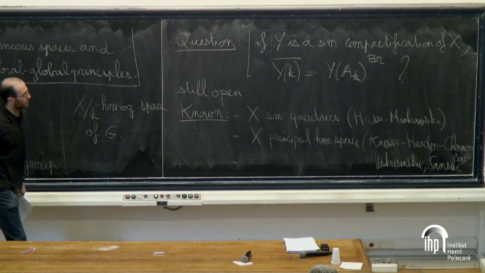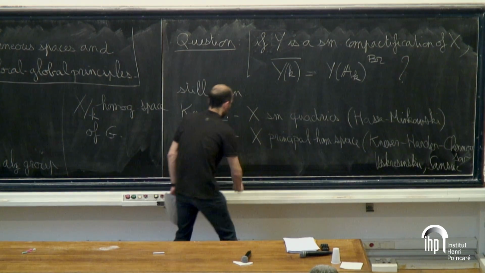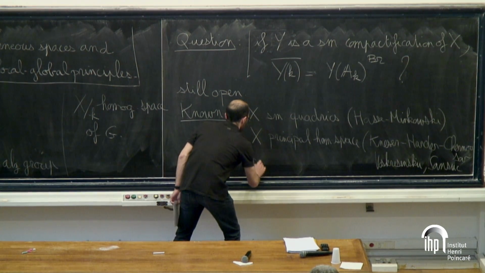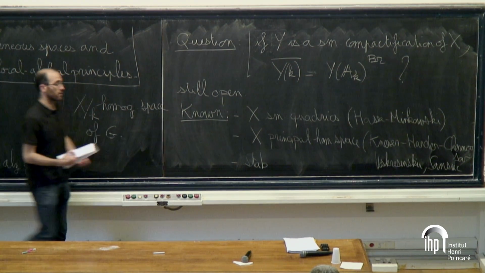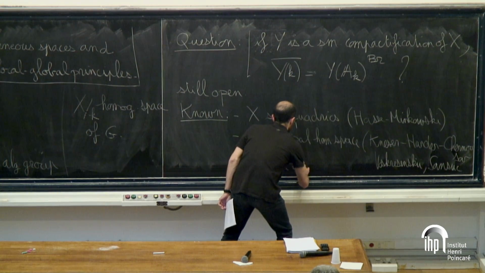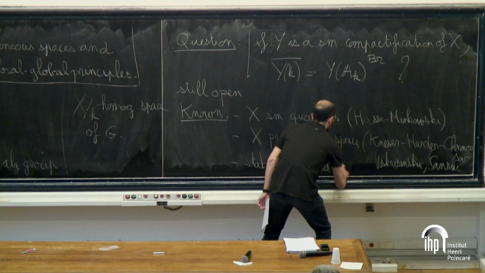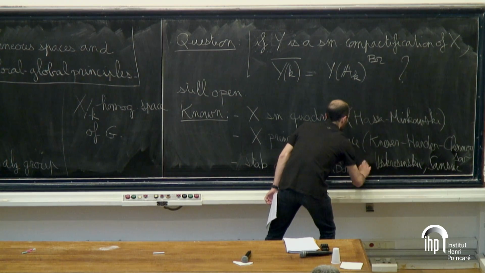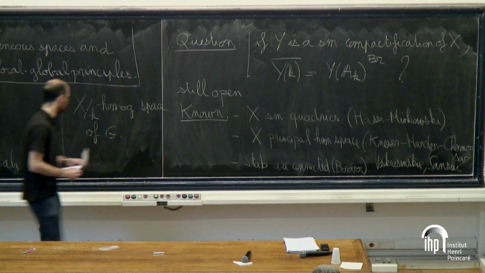And the third example, the most general example, is the case when stabilizers of geometric points on X are connected. So if geometric stabilizers are connected, then the answer is yes, and this is a result by Borovoi that was already mentioned in this conference.